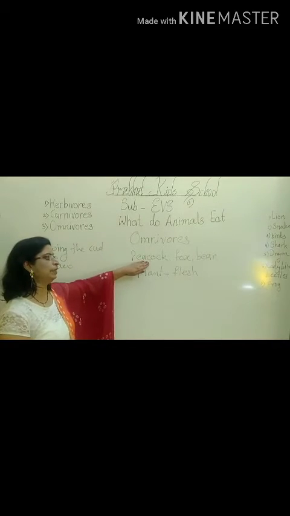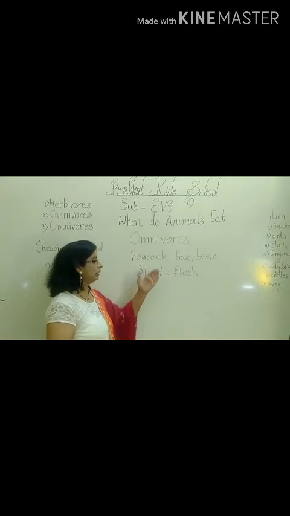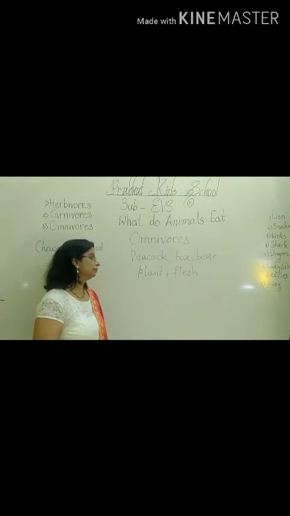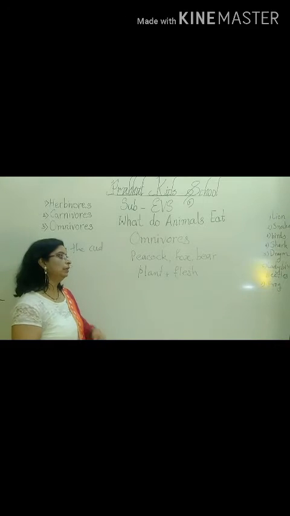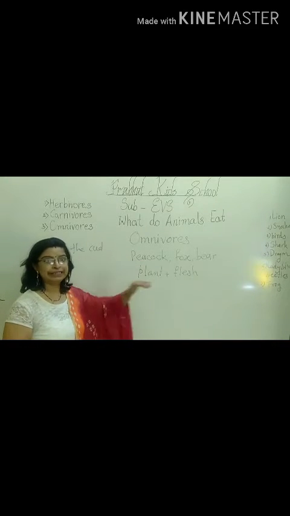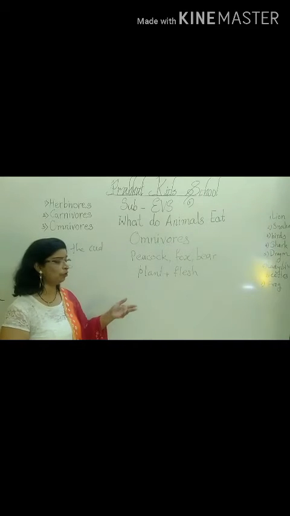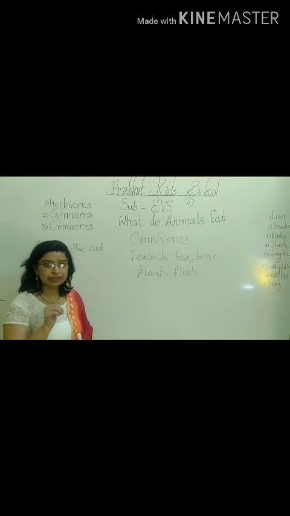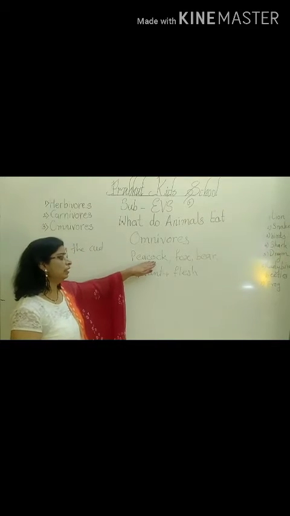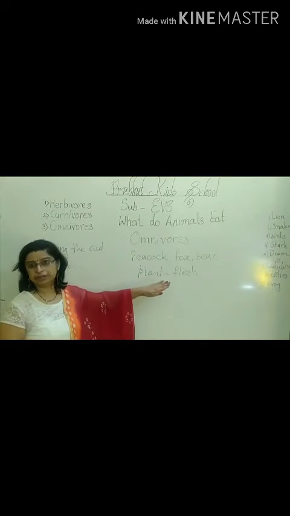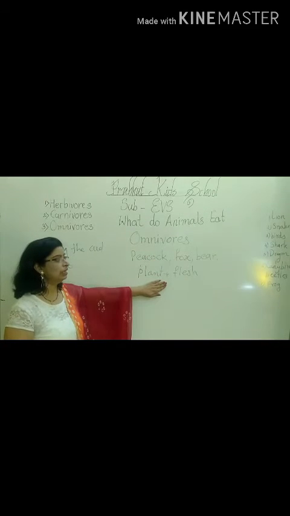Now see students, this peacock, hen, sparrow, fox, bear, they eat some plants also and they feed on insects also. If you find a hen at your home, they drag the soil, they poach, and then they take out the insects from the soil.